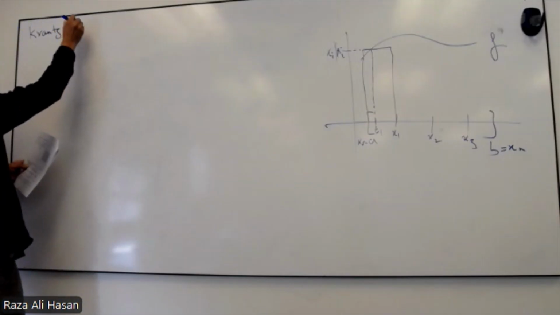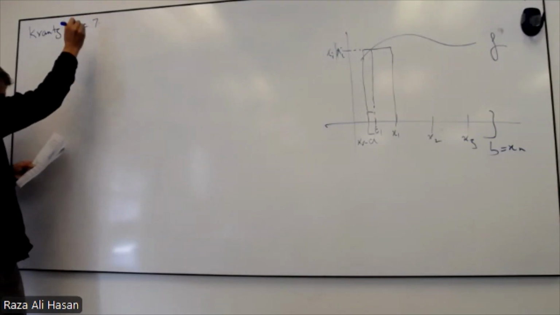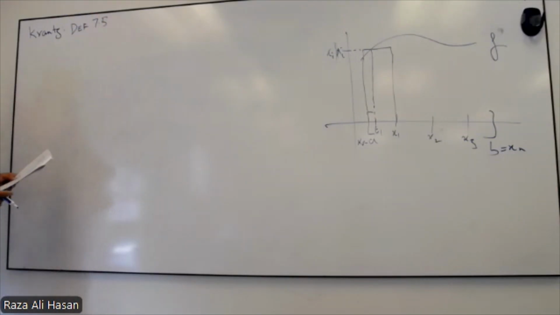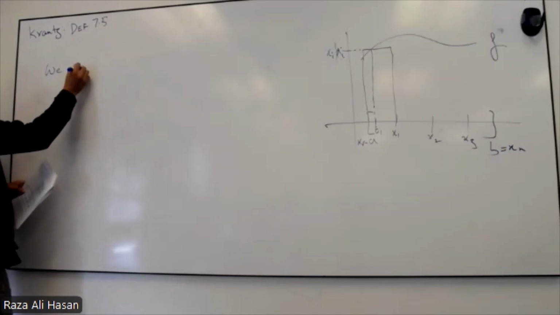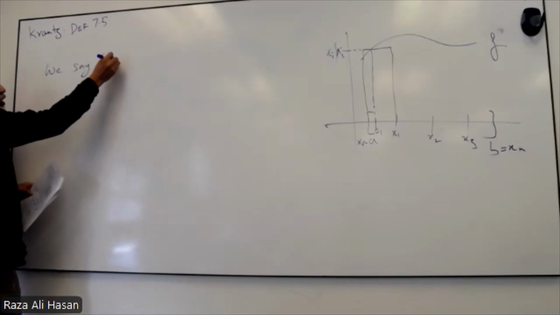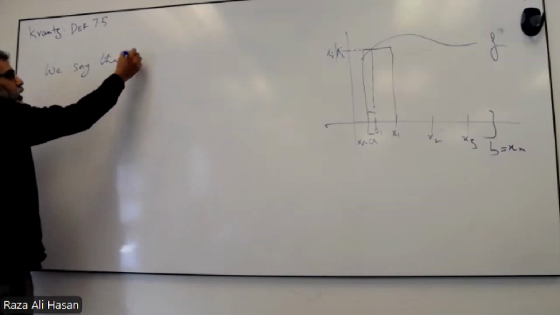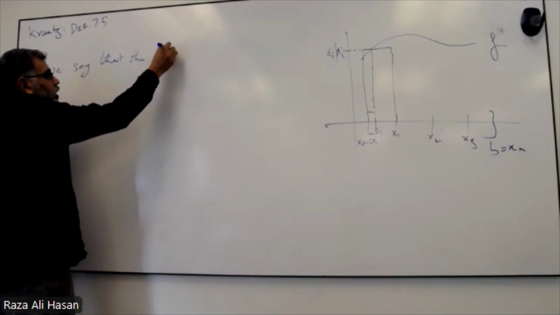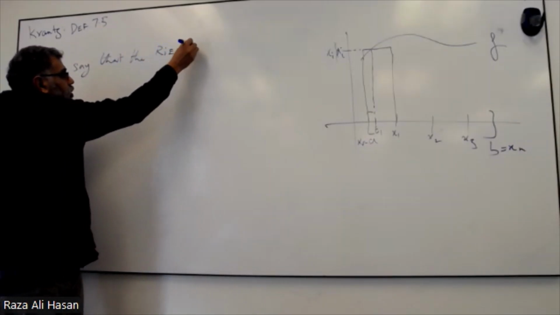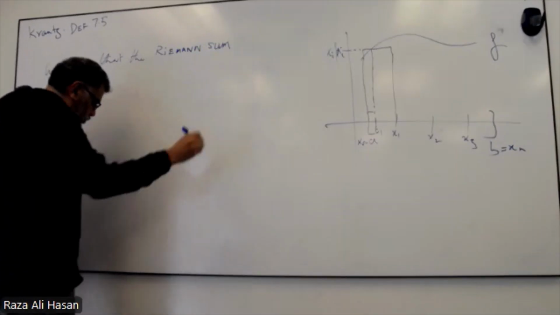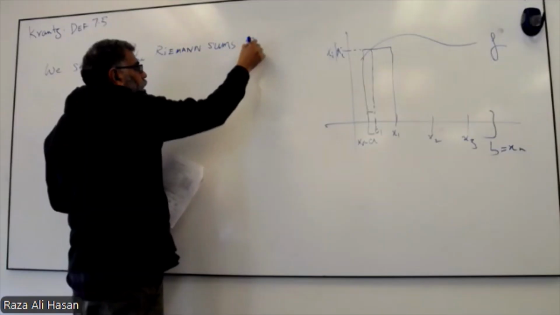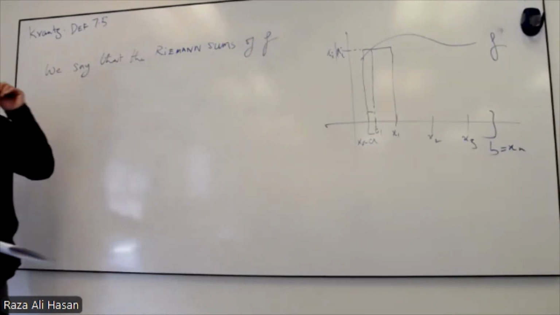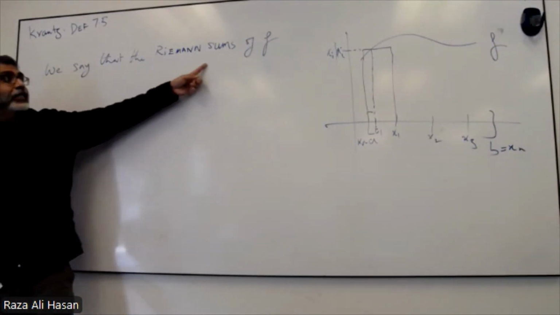The definition 7.5. And before we actually look at it, I'm skipping some items here. The author of this textbook says, we say that the Riemann sums of f, you see that s there?